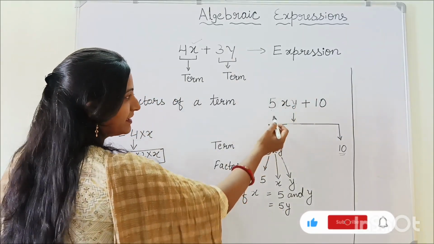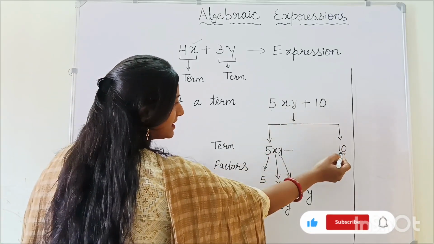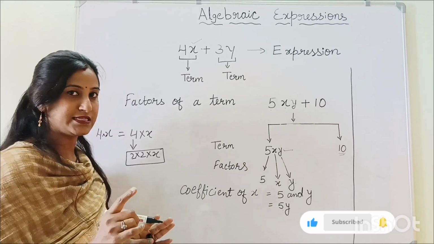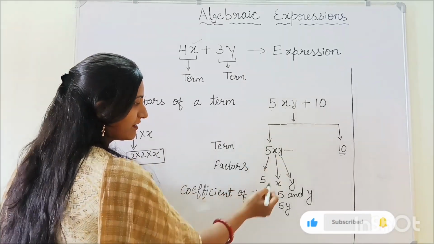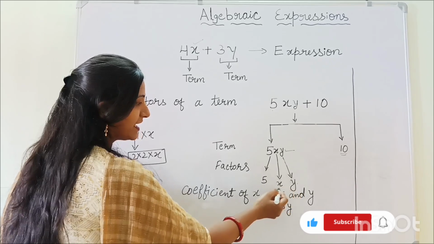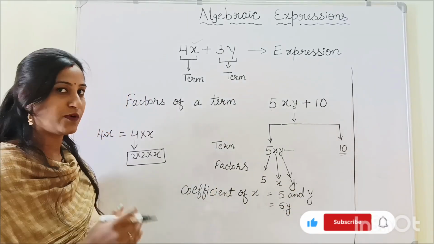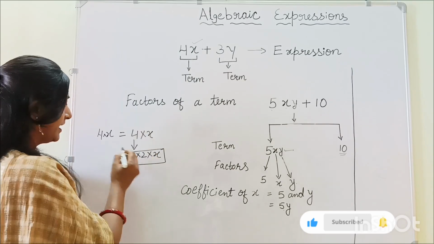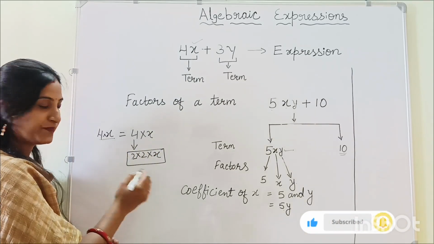The terms here: the first term is 5xy, the next term is 10. Let us see the factors. 5, x and y are the factors of 5xy. And next is coefficient. We have split 4x into factors.